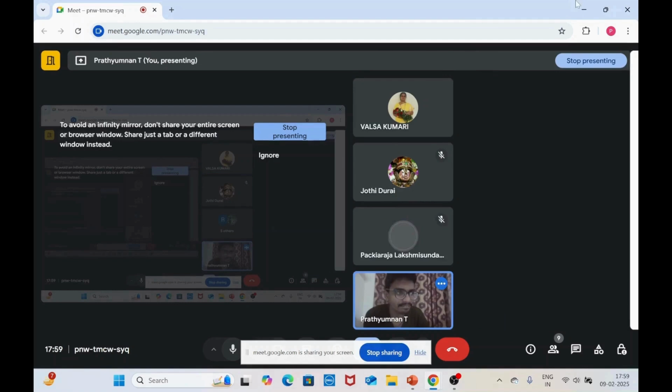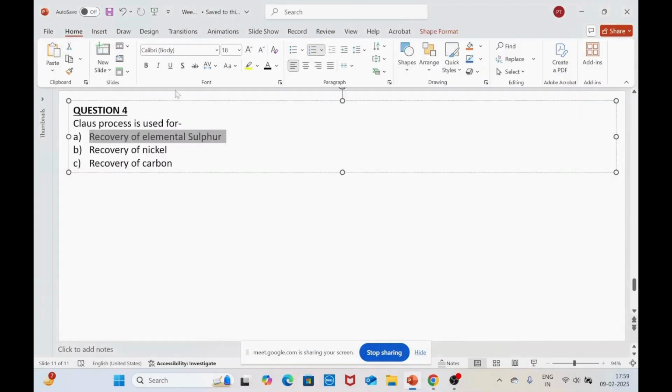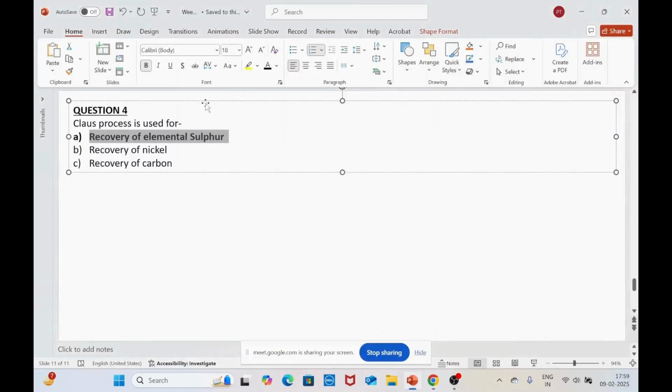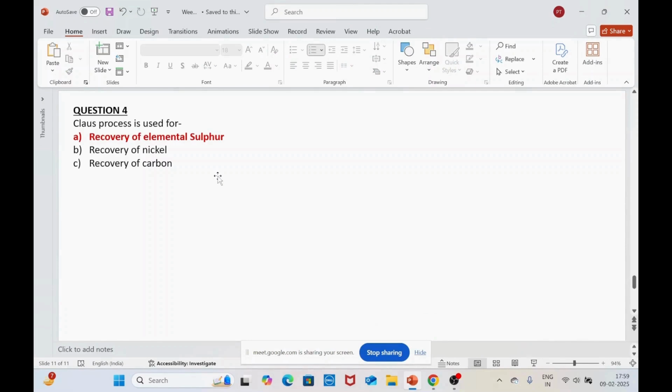Option E. Okay, so we have got some response. So yes, it is the recovery of elemental sulfur. So this is a recovery of elemental sulfur from what? From what source are we going to recover this elemental sulfur?